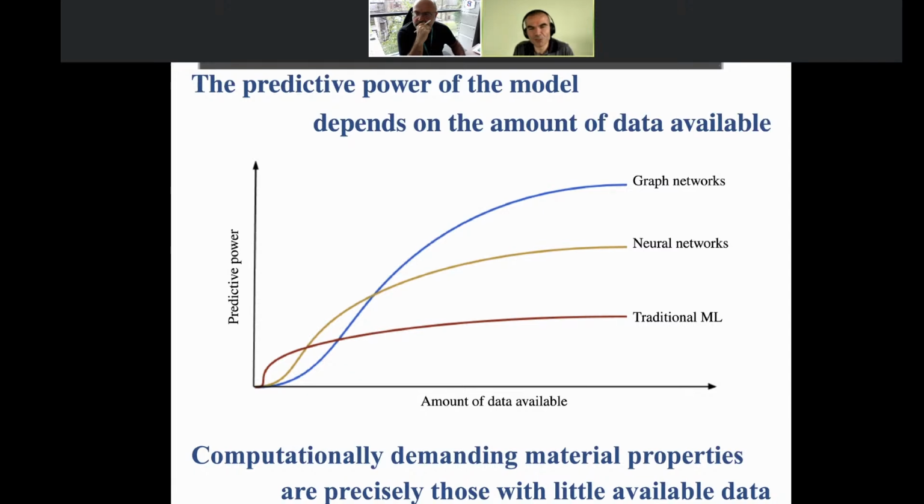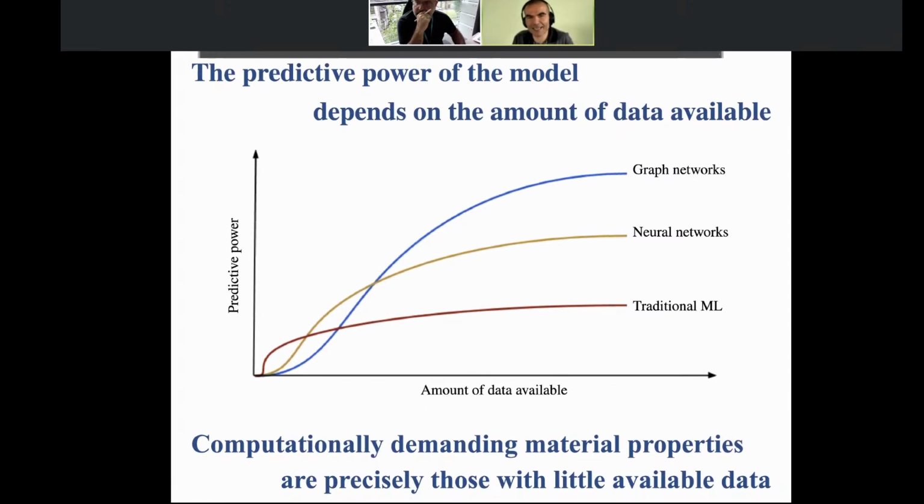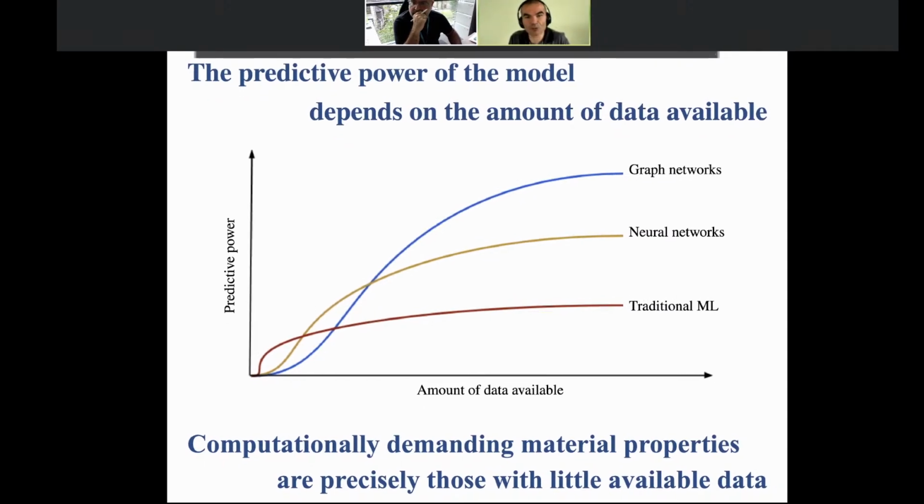So we need the machine learning precisely in the cases where it takes time to compute the properties. So if I come back to the example of my temperature-dependent energy, where I would like to include the entropy as a function of temperature, computing the phonons is very demanding, and I would like to be able to use the machine learning there. But unfortunately, that's precisely the point where I don't have many data.